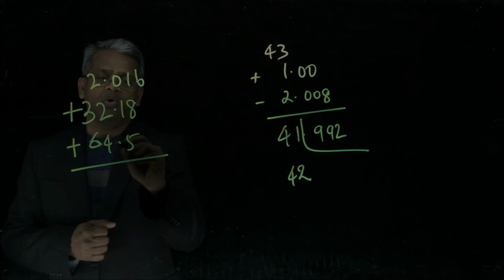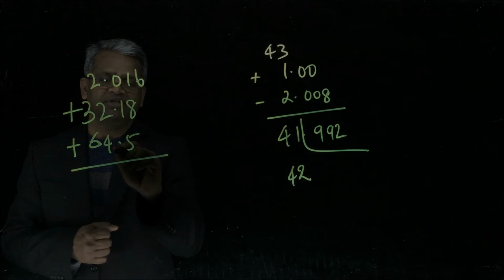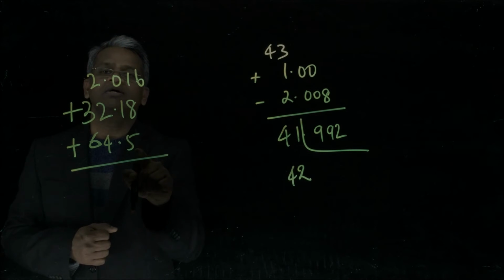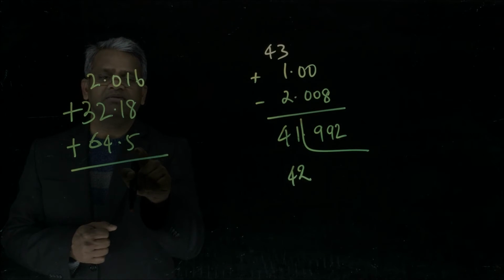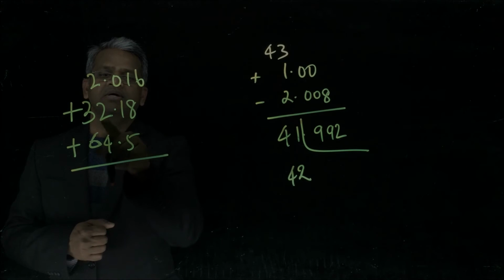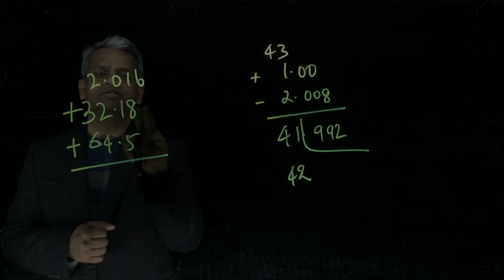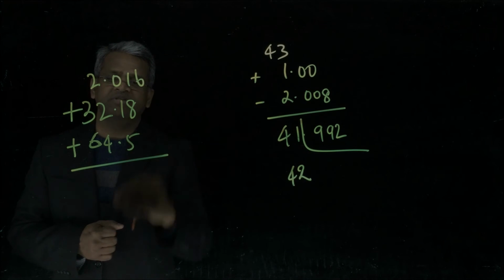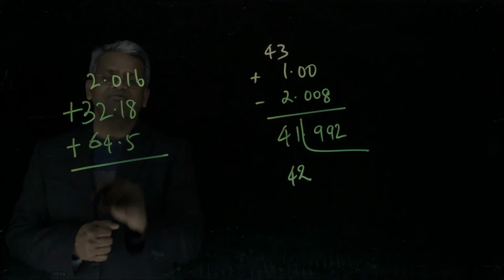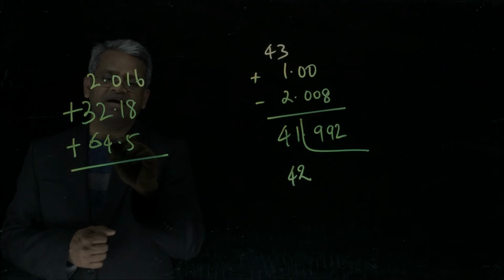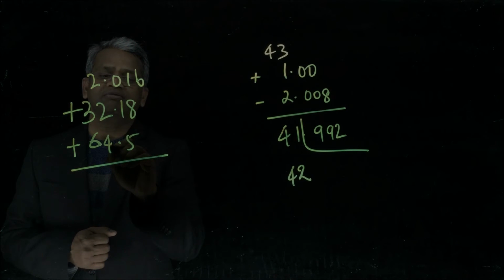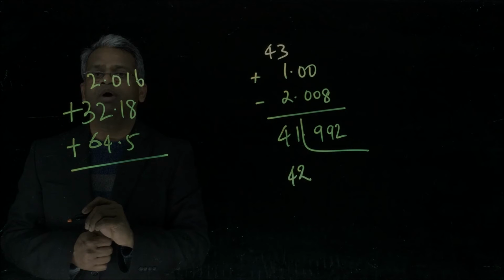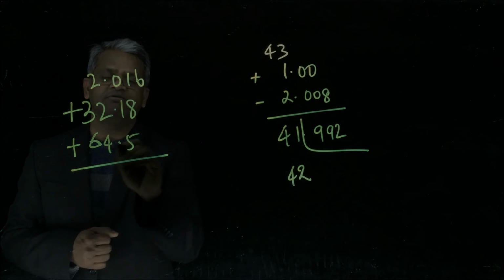Now, looking at these three numbers, we have 64.5 with 1 decimal place, 32.18 with 2 decimal places, and 2.016 with 3 decimal places. After the additions are done, the resulting value has to reflect the same level of uncertainty we have in the number with the fewest decimal places, which is 64.5.